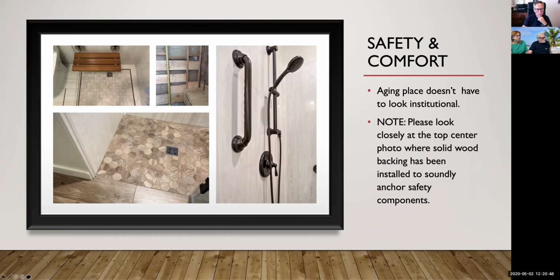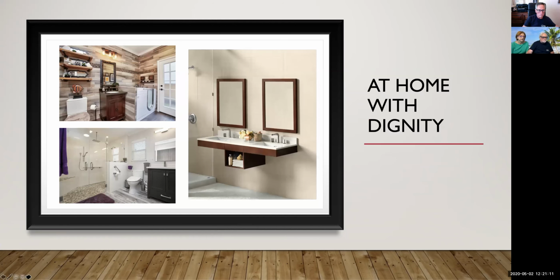If you'll notice in the picture in the lower left, by the way, that's a curbless shower. In the picture in the upper left, that is a folding bench. It folds away out of the shower when it's not needed. And of course, the photograph on the right shows that a grab bar can easily be matched to your shower accessories and be a beautiful combination.